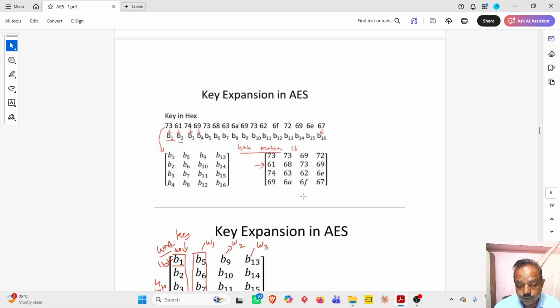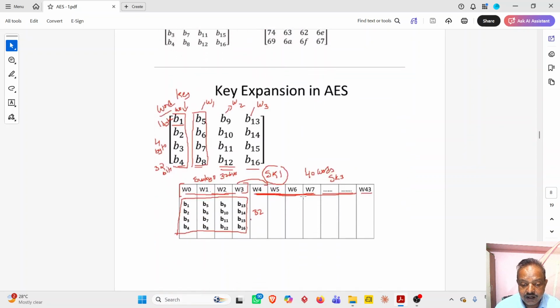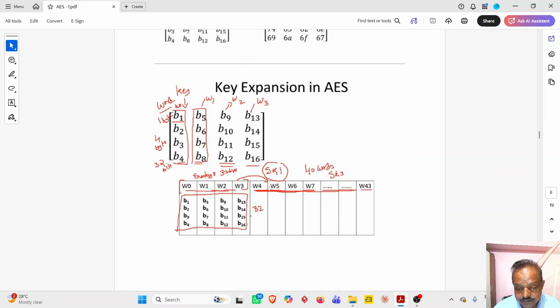But while I am going for round one, how to generate it and what keys will be there? The first keys are represented here and we name them word 0, word 1, word 2, word 3. Like that, the remaining four will be W4, W5, W6 and W7. How do I generate all these things?